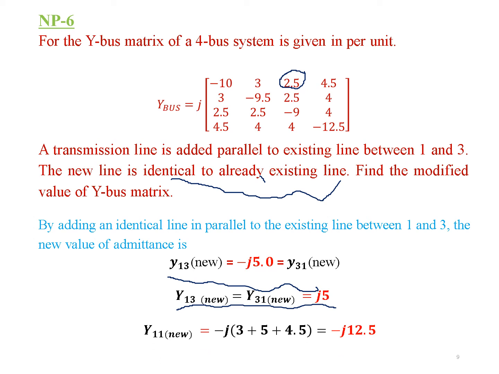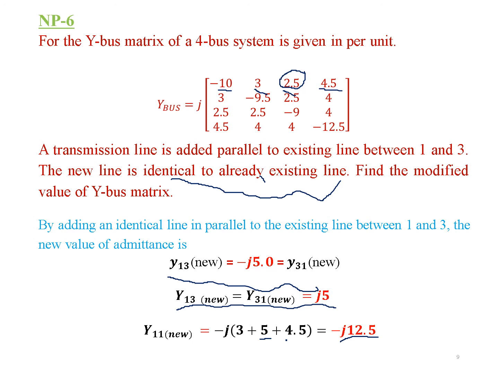In that way, you have to identify Y11. Y11 is basically the addition of minus j2.5 with the existing system, that is 3 plus 5. This is the old one, and if you add 2.5 to this, so this is minus j12.5.